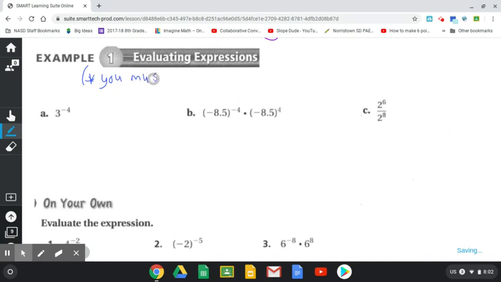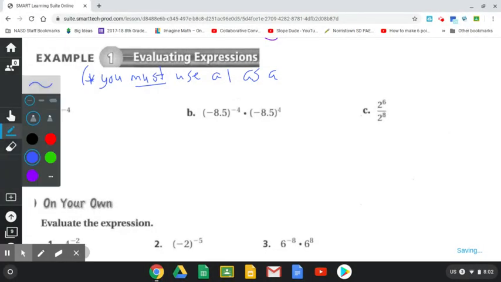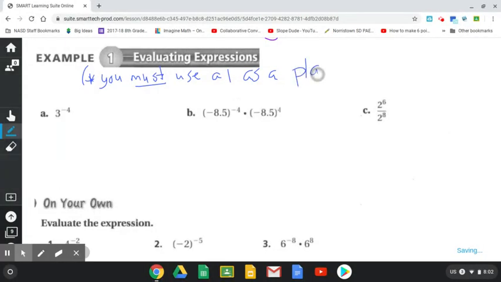You must use a 1 as a placeholder if needed. Oops, I spelled placeholder wrong, guys. If you're in my class, you know Mrs. Testa is not the greatest speller.